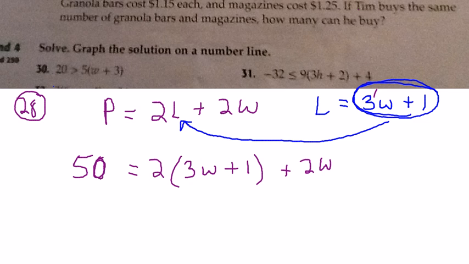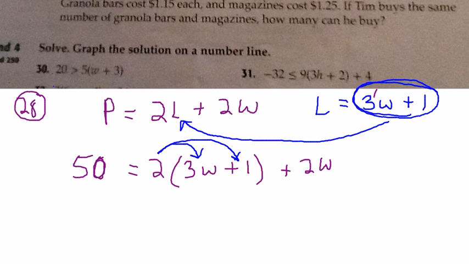Okay, so what we have here now is a multi-step equation that we can solve. The first thing that we probably want to do is use the distributive property to distribute my 2 to my 2 terms inside my parentheses. Whenever I am multiplying a number by a sum or a difference, I can take the number on the outside and multiply it by every term on the inside.